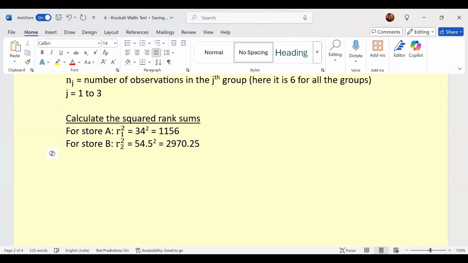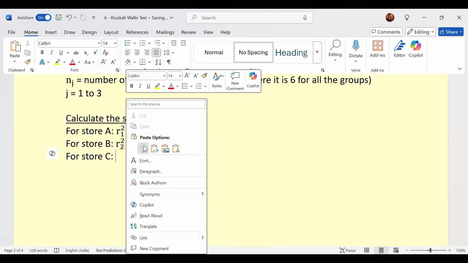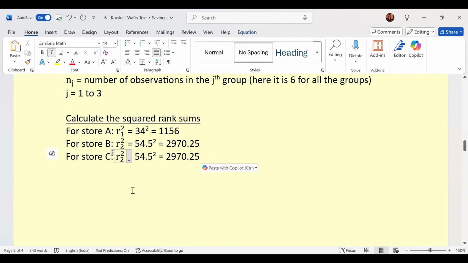Then for store C, it will be R3 squared. R3 squared is 82.5 squared. That will give us 6806.25.